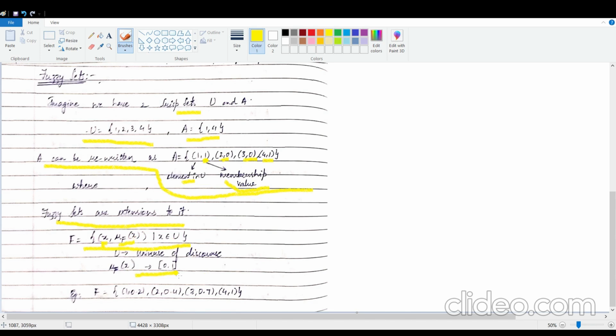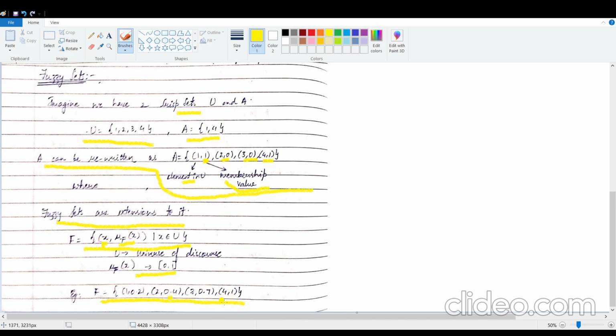Now let us take a small example. We have f as something like this. It has 4 elements. Instead of having zeros and ones as the membership values, we can even have fractional values. You can have 0.2, 0.4, 0.7, 1.